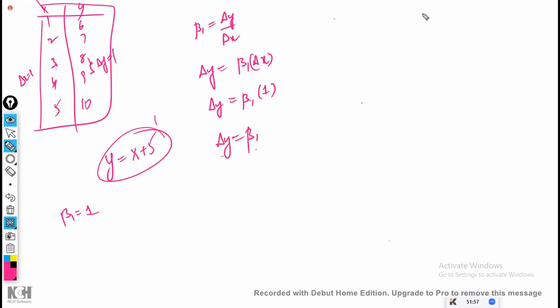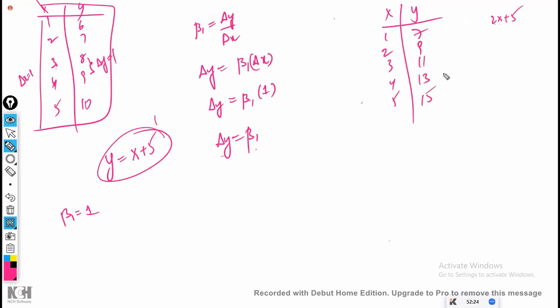For example, let us try one more example, x and y, with 1, 2, 3, 4, 5. Now instead of this one, I'm trying 2x plus 5. So 2 1s are 2 plus 5, 7. Sorry, 2 2s are 4 plus 5 is 9, then 11, 13, 15.